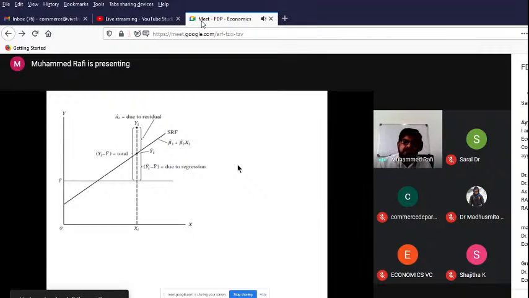Either explained by this regression, that is the deviation of yi cap, the estimated y, from the mean, and the error term.